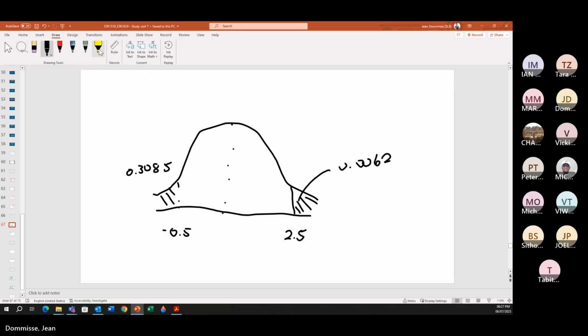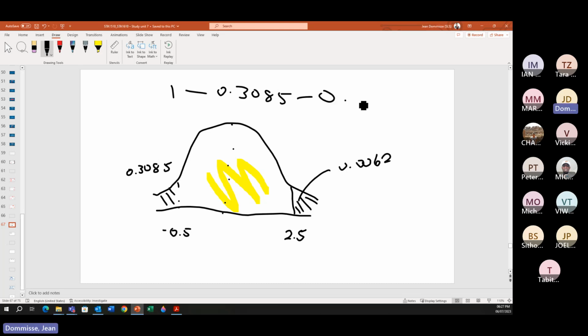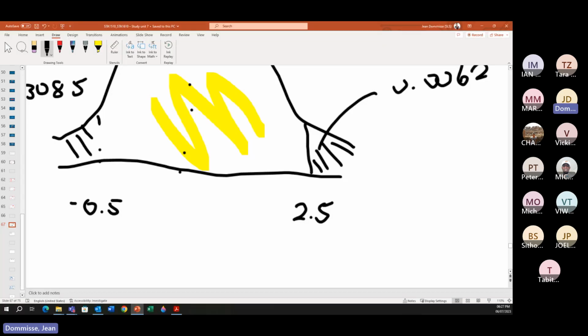So this area now is what I'm looking for. So in this instance, I would have said 1 minus that, the 0.3085, minus the 0.0062. So let's see if that would have worked as well.